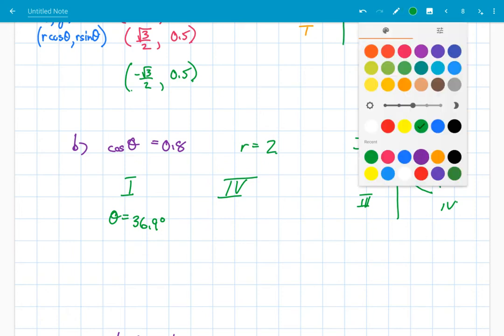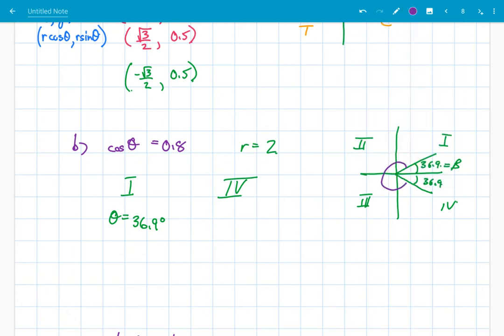The other angle we need is this one right here. So to get that, it's 360 minus 36.9, which is 323.1 degrees. Go ahead and get the coordinates.